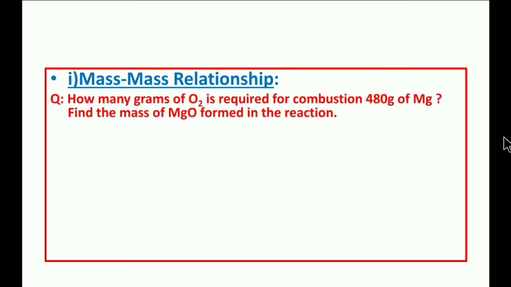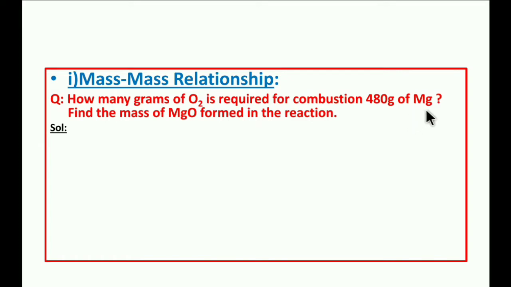How many grams of O2 is required for combustion of 480 grams of magnesium? Find the mass of magnesium oxide formed in the reaction. We have to understand the question now.